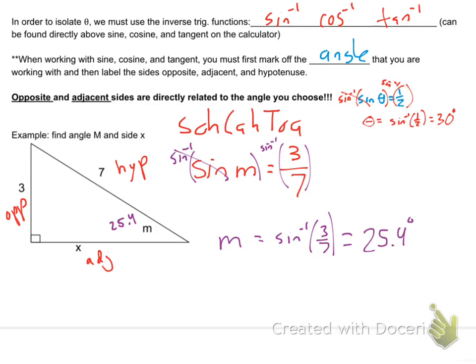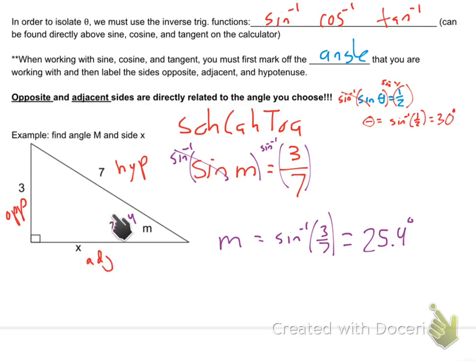So, going back to M. Here's M. X is the adjacent. I have an opposite and I have a hypotenuse. And if I go back to Sohcahtoa, I can actually use cosine or tangent. But the piece I know is the hypotenuse, and the unknown is X, the adjacent.